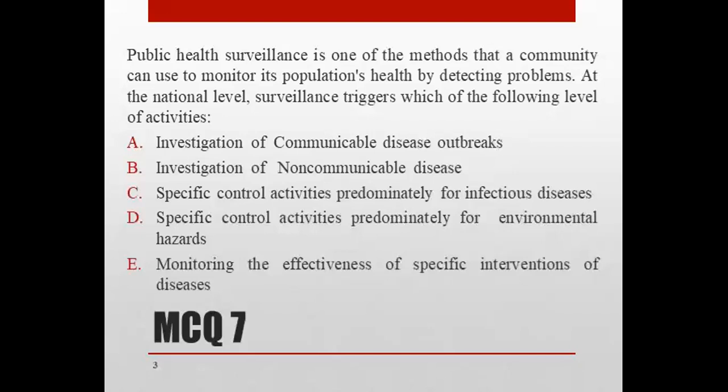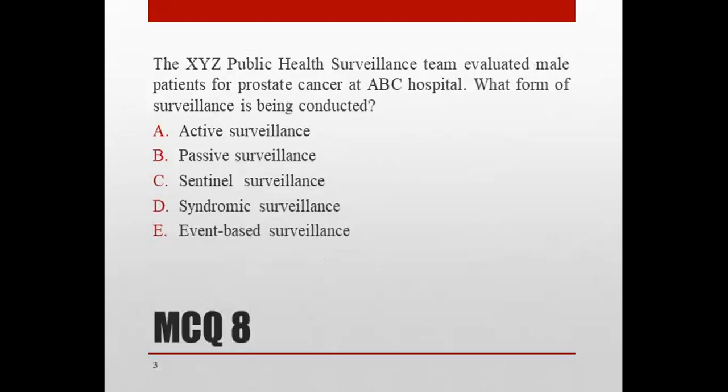What will be the correct option? E will be the correct option. I already mentioned that at the national level, surveillance mainly targets monitoring and evaluating the effectiveness of specific intervention of disease, whereas the investigation of any communicable or non-communicable disease is done at the local level.